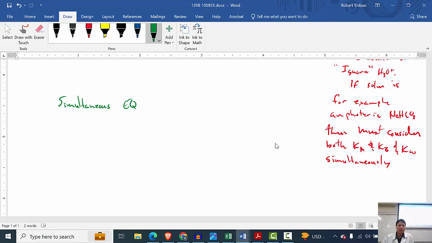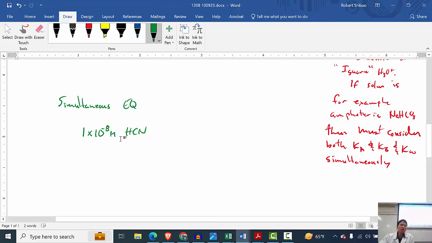And let's consider something like this. I'm going to consider 1 times 10 to the minus 8 molar HCN. The first thing you notice is the concentration of the acid is very, very small. If the concentration of the acid is very small, then water could be a significant contributor to this.